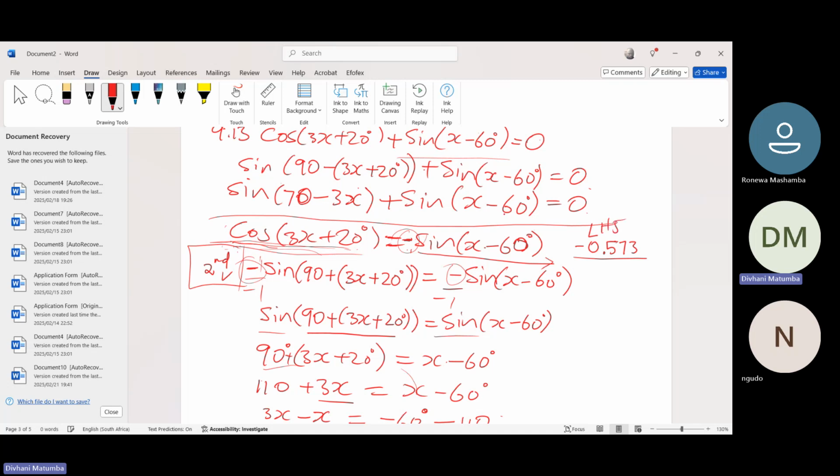Let's check the right hand side. Sine of minus 85 minus 60. So that gives us positive 0.573. It gave you a positive number. Yes. It's the same number, but positive. Oh, okay, very interesting.